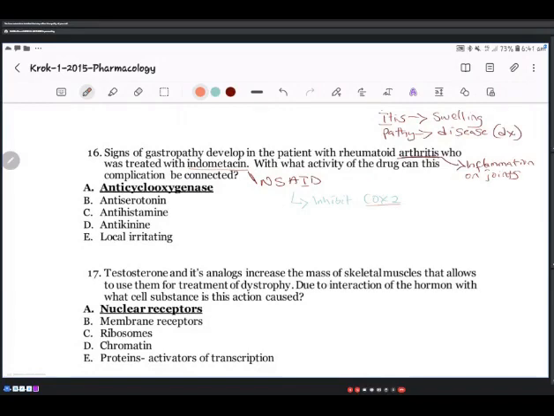COX-2 actually converts endoperoxides in the cell. Endoperoxide rather. It converts them to arachidonic acid.